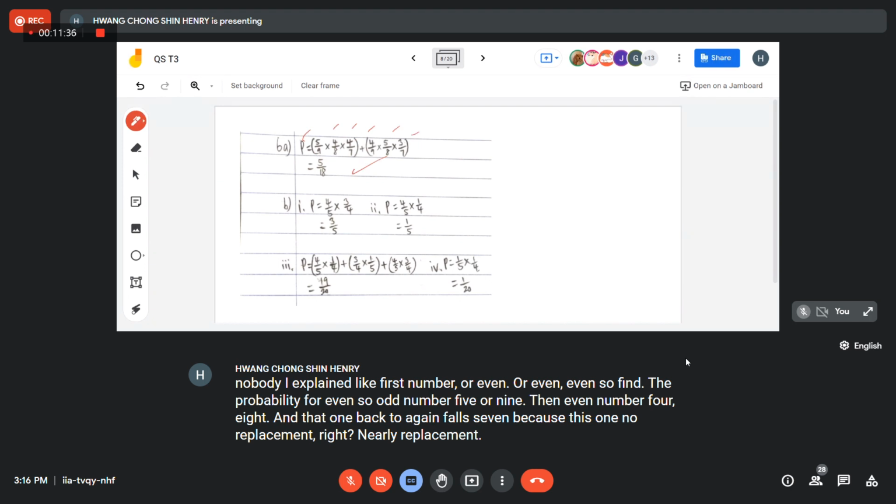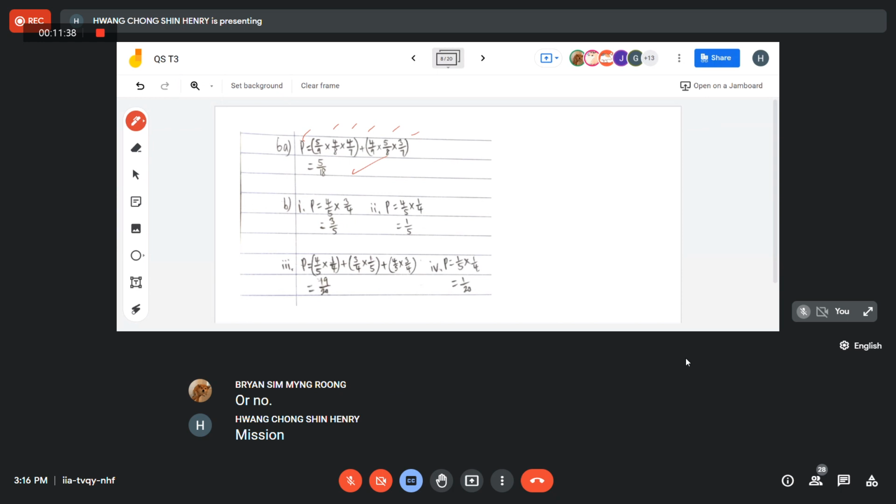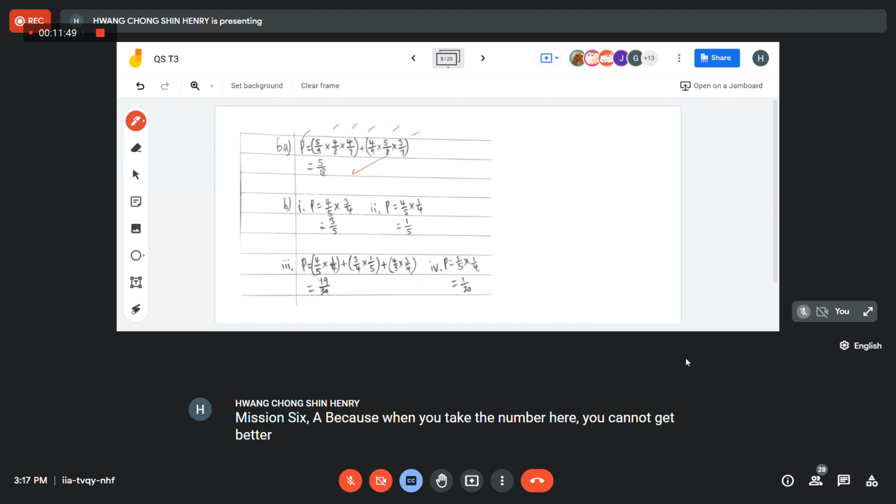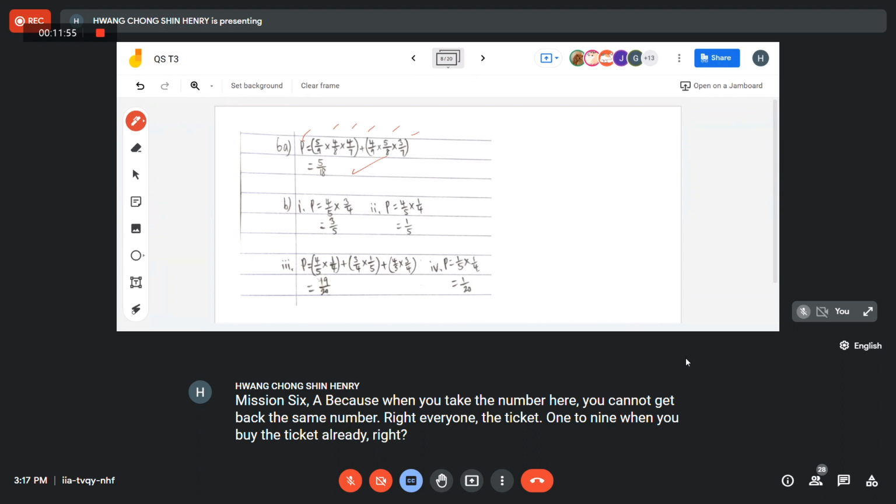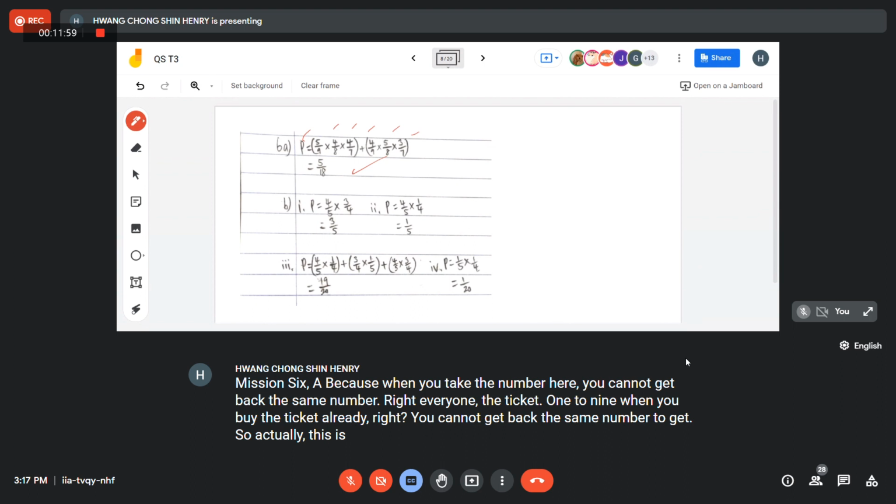No. Question 6A. When you take the number already, you cannot get back the same number, like when you buy a ticket numbered 1 to 9. So actually, this is dependent.